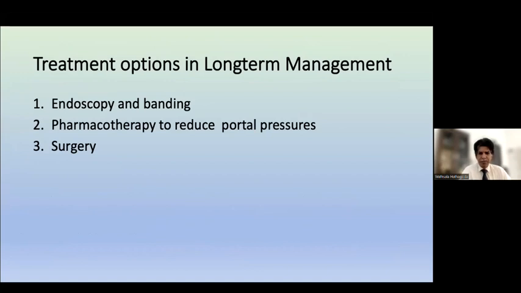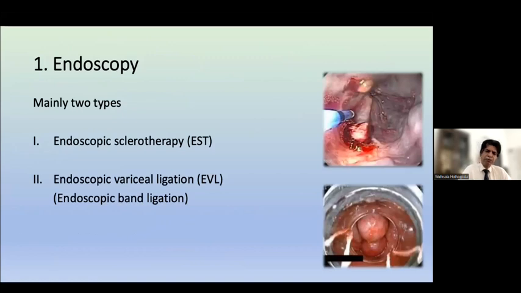So for the long-term management, I will do part of this. The best thing is to go for endoscopic banding, and then combine it with pharmacological management on a regular basis, and surgery for later stages when you're running out of options. There are two main types of endoscopy that we can do.